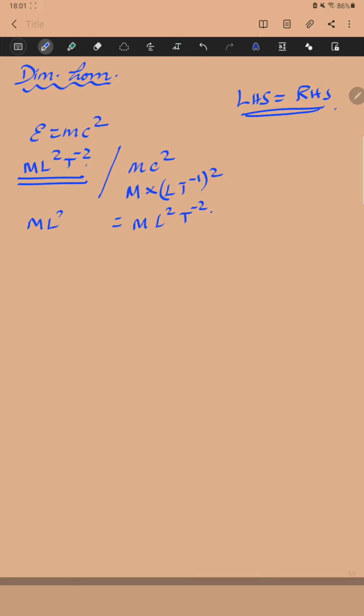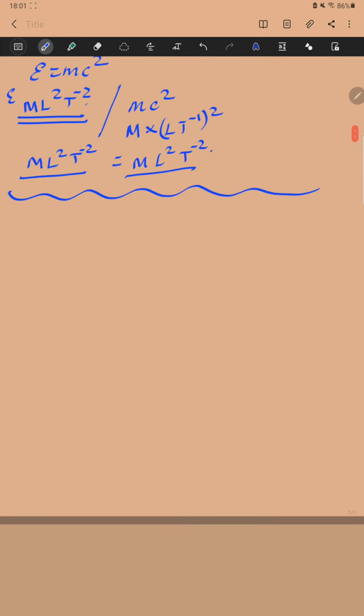So M L square t power minus 2, which is the one for energy. So the left hand side equals the right hand side. So we can say that this particular equation is dimensionally homogeneous, or it is correct.